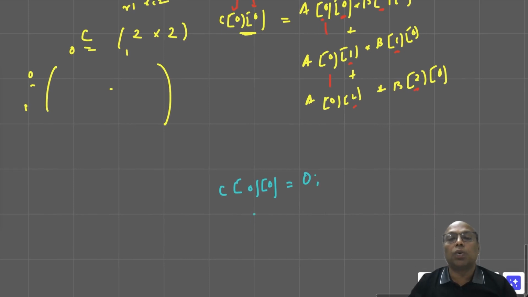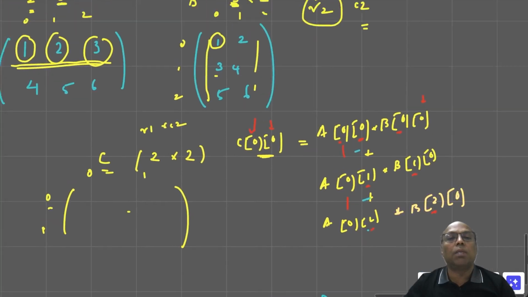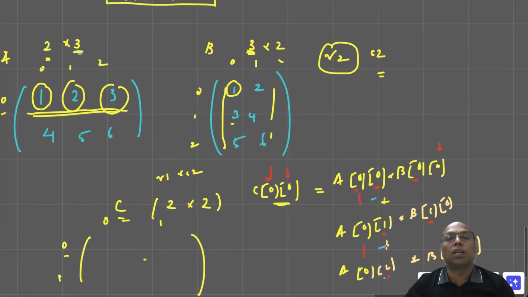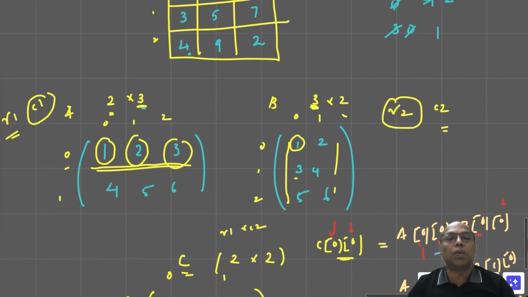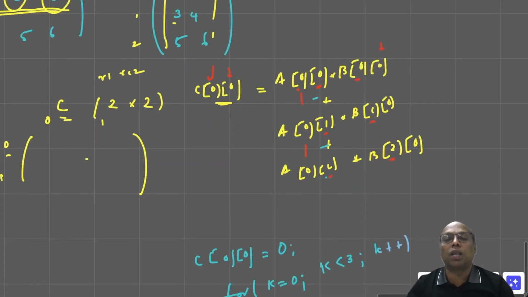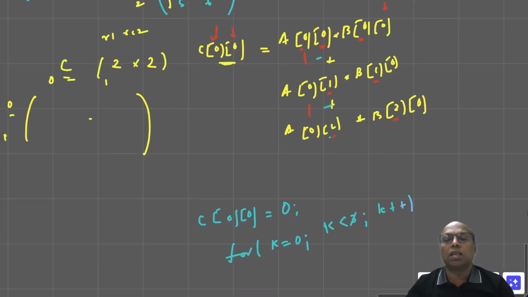Now, the only thing I need to do is for k equal to 0, k less than 3, k plus plus, correct? Why 3? 3 times I did the procedure. The 3 came because I have 3 rows and 3 columns. Either you can use C1 or I can use R2. Anything you can use. Instead of this, I can say C1.